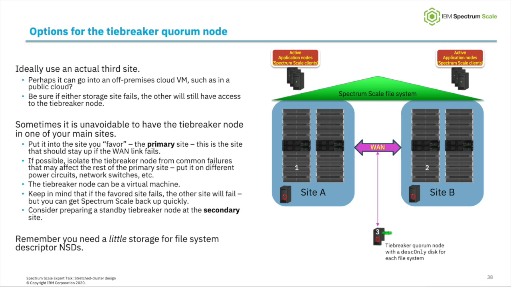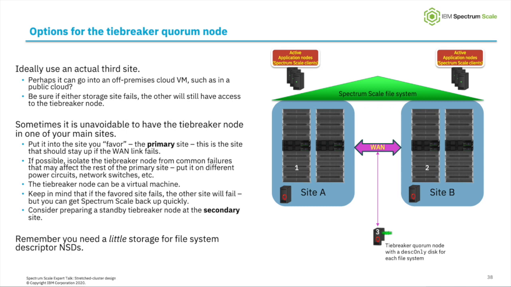That tiebreaker node can be a virtual machine. Do keep in mind, if your favorite site, your primary site, were to fail, then the other site will fail because you lost your tiebreaker quorum node at that point as well. But you can get it up quickly. And you might want to prepare what I call a standby tiebreaker node at the secondary site.